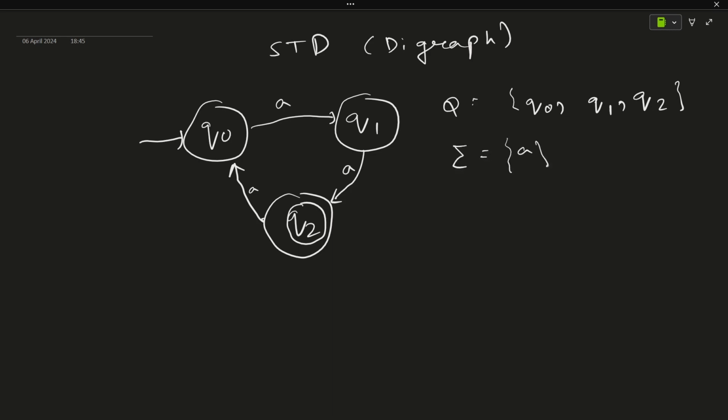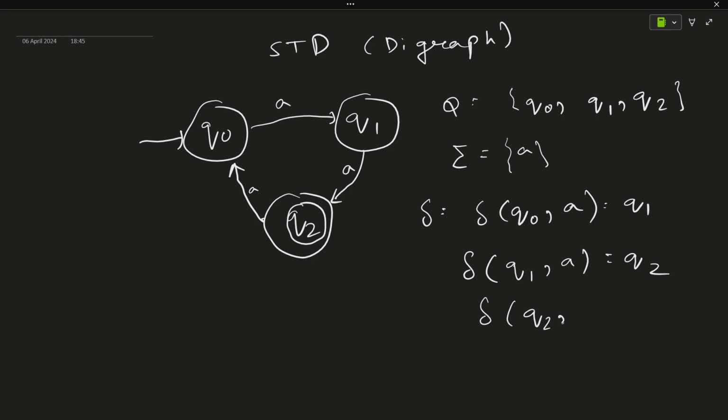Sigma is A, obviously, the input alphabet is A. And the transition function, what will it be? Delta of Q naught comma A equals Q1, and delta of Q1 comma A equals Q2, and delta of Q2 comma A equals Q0.